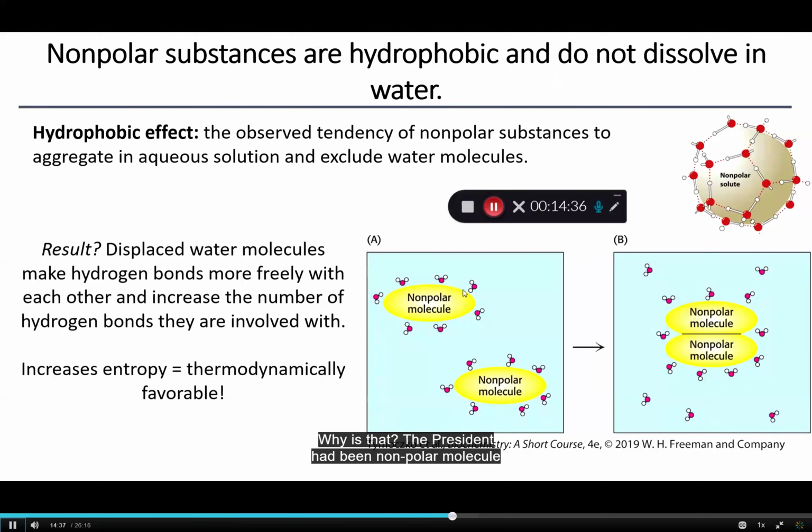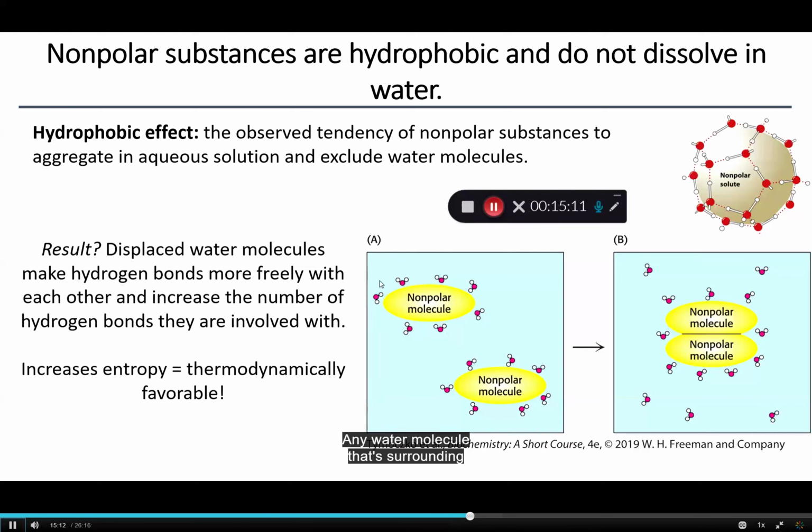Why is that? The presence of a nonpolar molecule in water displaces water molecules. So these water molecules are trying to form some kind of interaction with these nonpolar molecules, but can't do it. And so displaced water molecules make hydrogen bonds more freely with each other, which increases the number of hydrogen bonds they're involved with. And again, if we increase the amount of hydrogen bonds a water molecule is involved with, that will increase entropy.